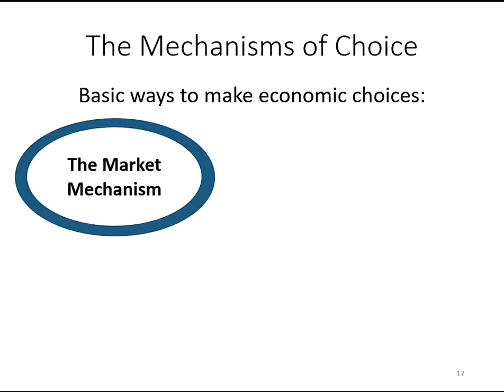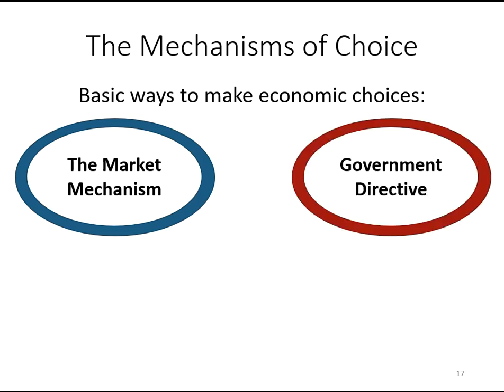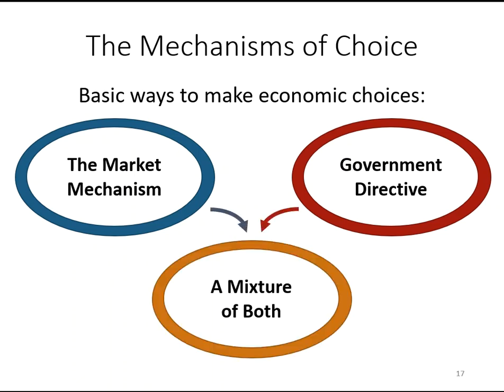Generally speaking, we have three different kinds: the market mechanism, government directive, or a mixture of both. Can you guess which kind of mechanism the US is using? Market, government directive, or a mixture of both? We will answer this question at the end of this video.